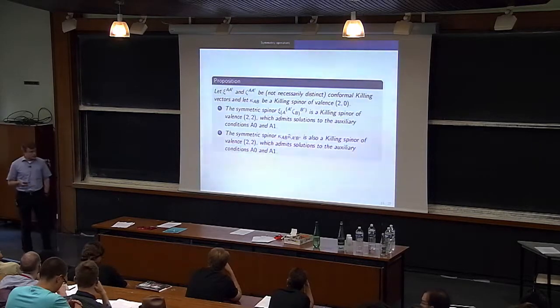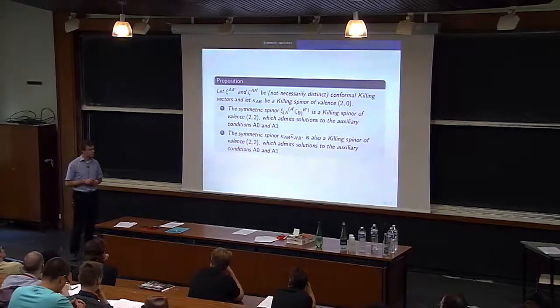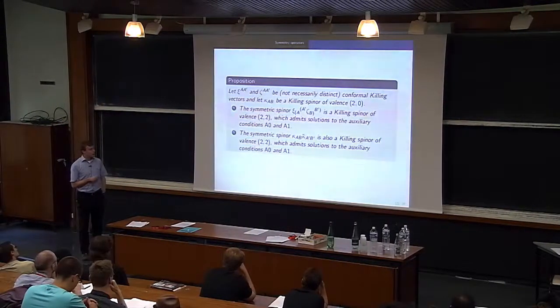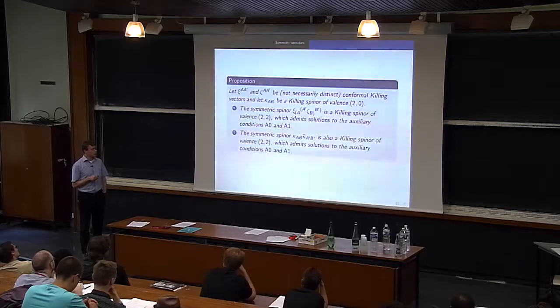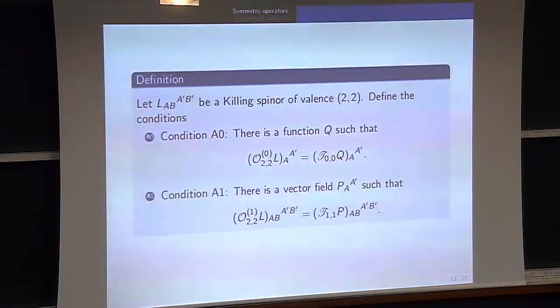The most interesting question now is, of course, do we have any sensible solutions to these obstructions? And yes, we do. The simplest is if you just take two conformal killing vectors and construct the product like this, then we can actually find these P's and Q's.